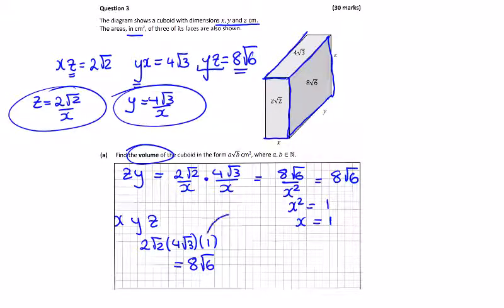And I think they chose this one maybe to confuse people. Good students might go, well, the volume is 8 root 6 and the area is only 8 root 6, but if one of the sides is 1, the volume will be the same as that biggest side. It's like a prism with a depth of one, so your area will be the same as the volume. So 8 root 6 cm cubed is the volume of this shape.